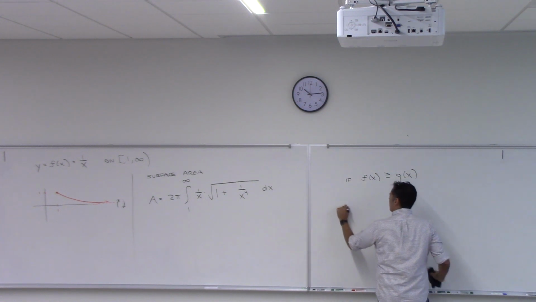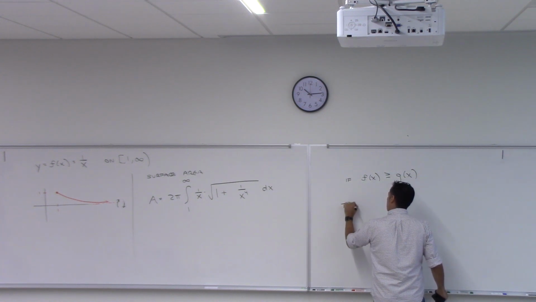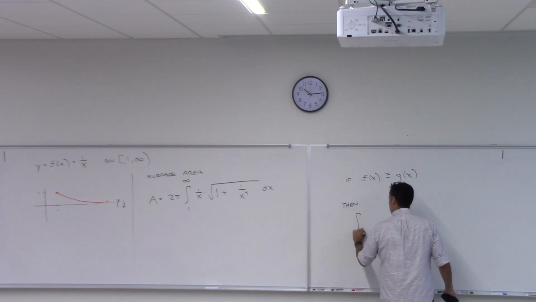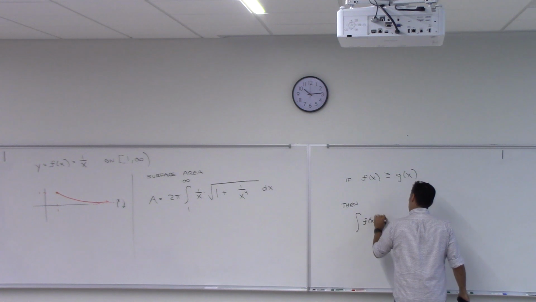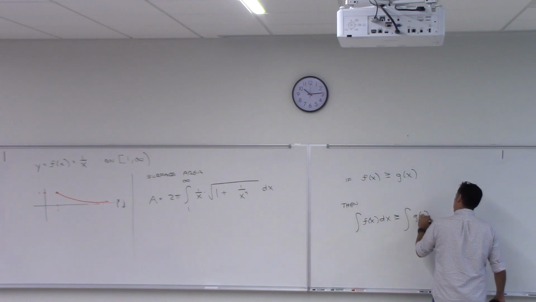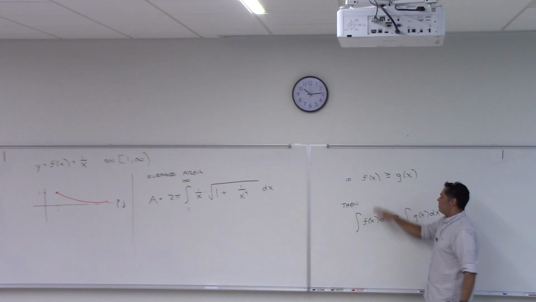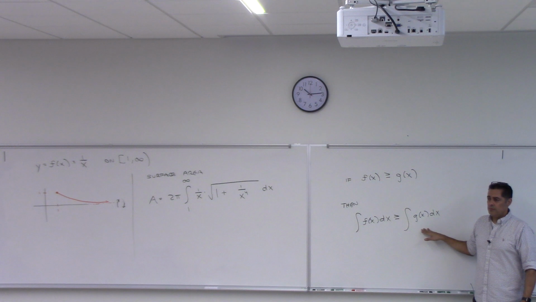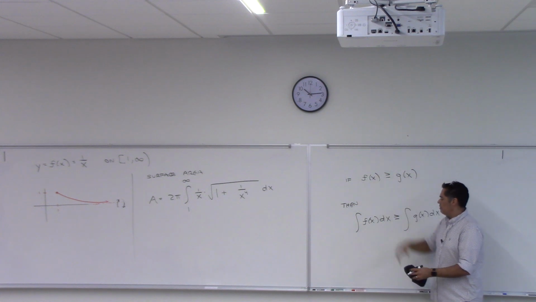Do you all remember me saying then the integral of that function should be greater than or equal to the integral of this function, which basically just meant that the area under that curve should be bigger than the area under that curve. Do y'all buy that geometrically? Yes? Okay, so this one's above.